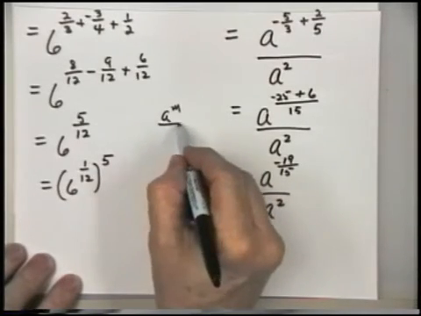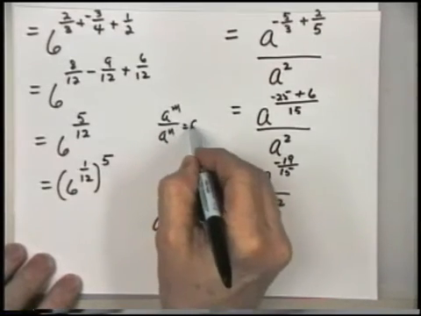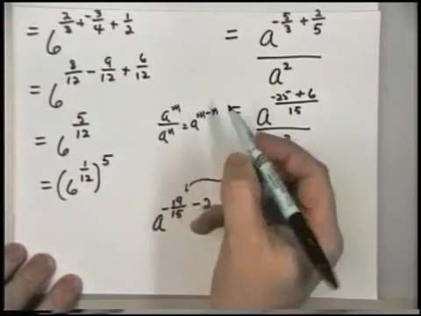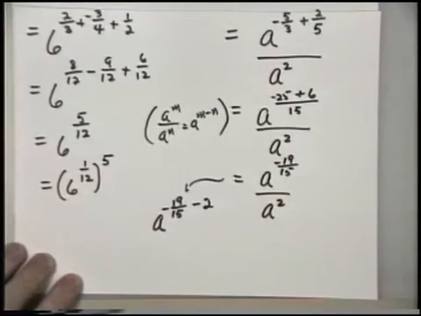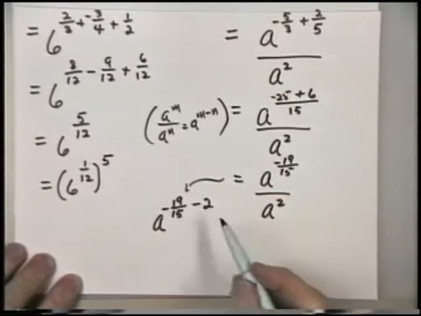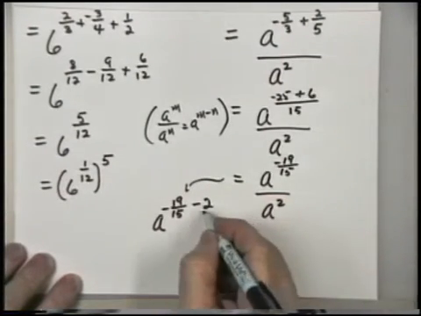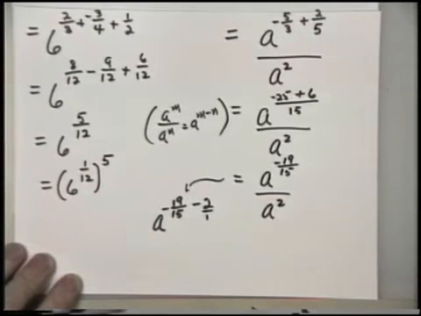Using the second law of exponents, just to remind you, a to the m over a to the n is a to the m minus n. That's what I'm doing. This is my m, that's my n.